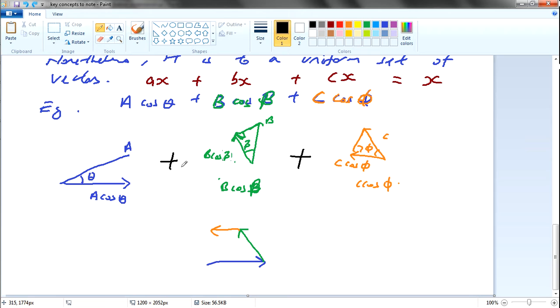However, if you were to introduce, let's say, sine, hold on, let me write using my pen. Let's say b sine beta, you're talking about this one over here. And then c sine phi, and you move in this direction.